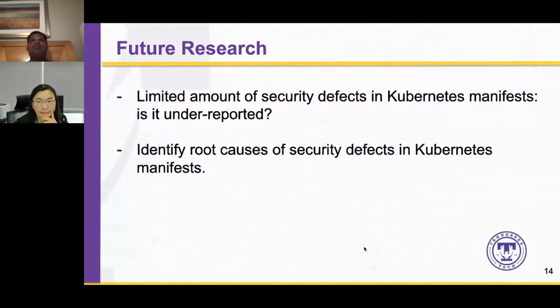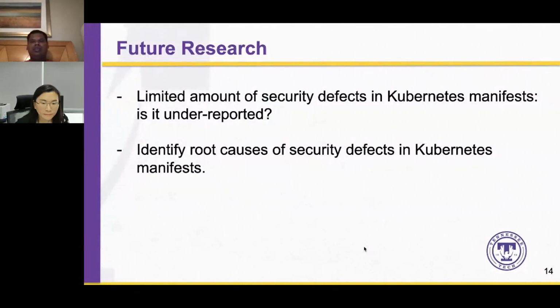Is it more of an issue related to awareness, education and training, or is it possible that because of the way Kubernetes is used to orchestrate hundreds and thousands of containers, the attack surface is too much?